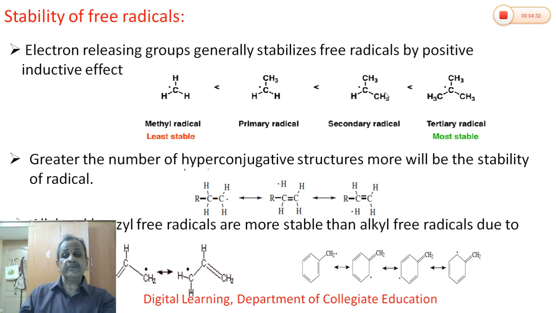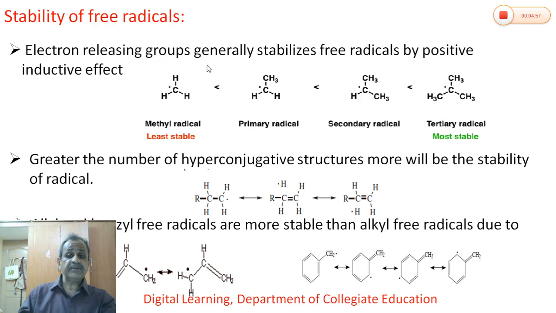When only one hydrogen is present on carbon, it is secondary carbon. Electron on secondary carbon gives a secondary free radical. When there are no hydrogen atoms on carbon, all three are substituents, then it is tertiary carbon. Electron on tertiary carbon gives a tertiary free radical.